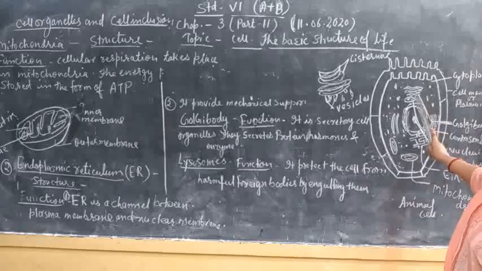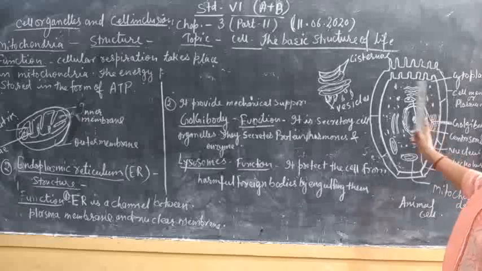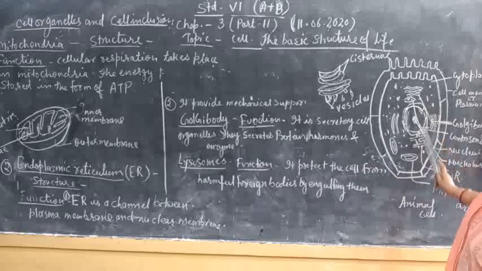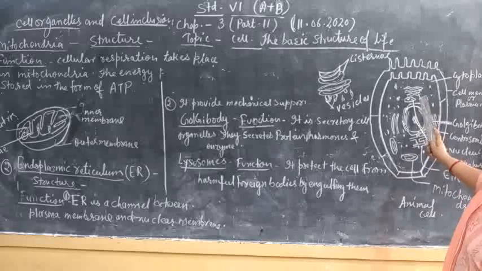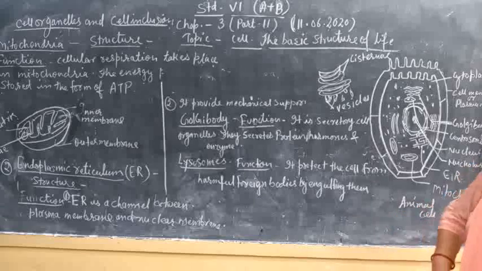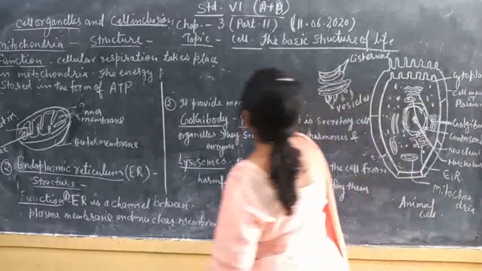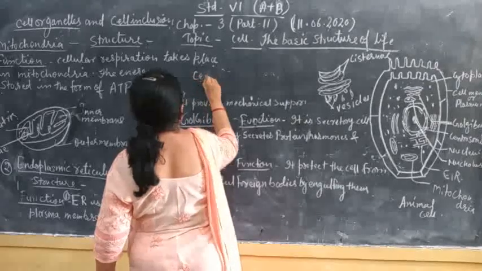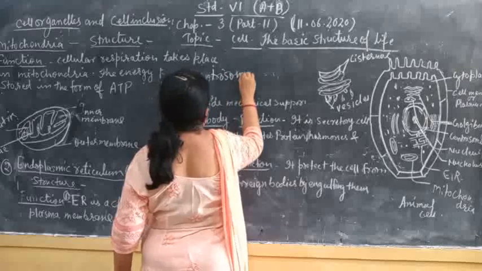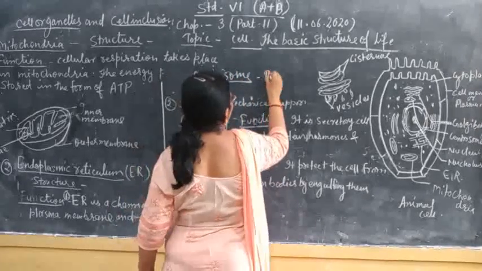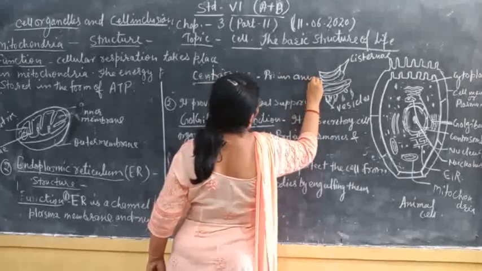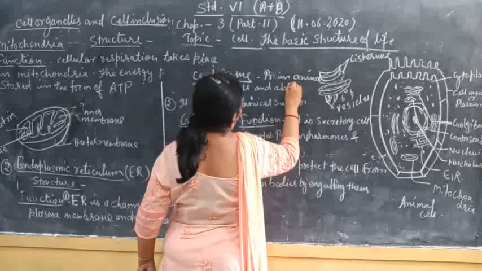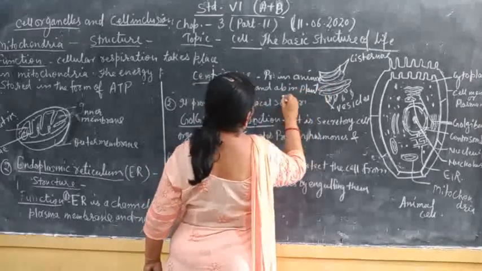Second, centrosome. Centrosome is present only in animal cells and absent in plant cells.